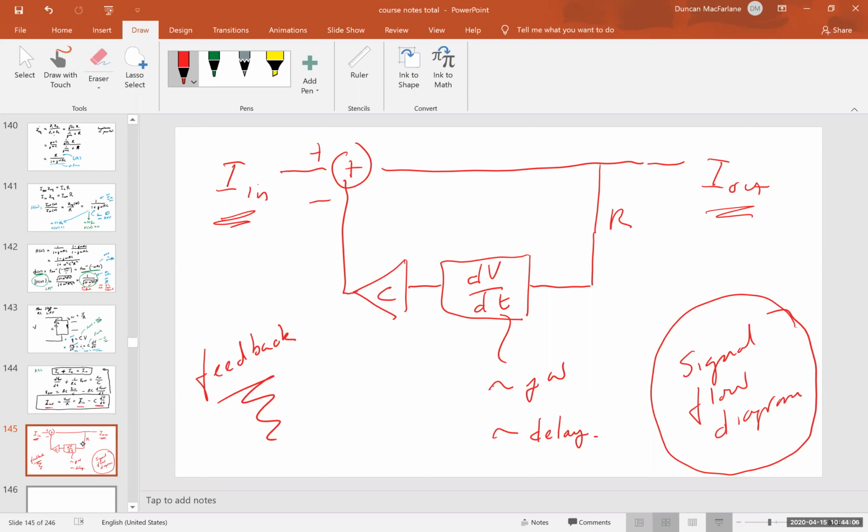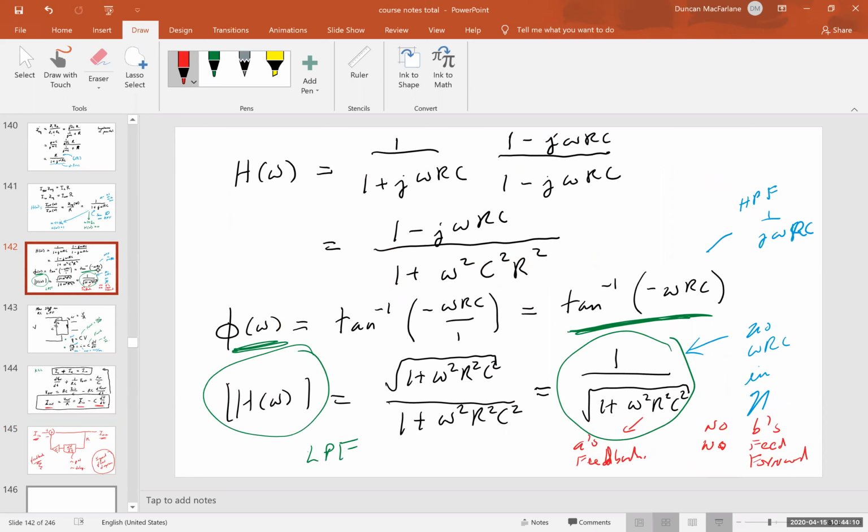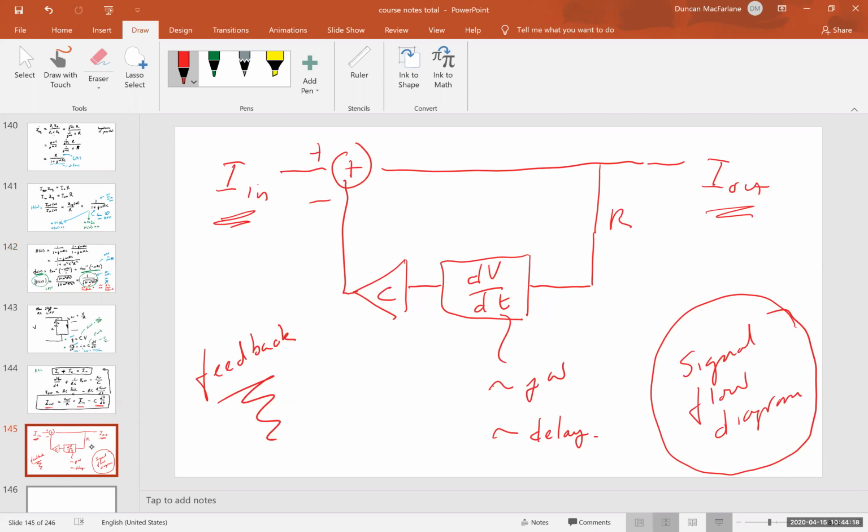And that's why, in fact, we have this denominator. That denominator comes from a feedback 1 plus beta A. Okay? Just like we talked about in the biggest abstraction.